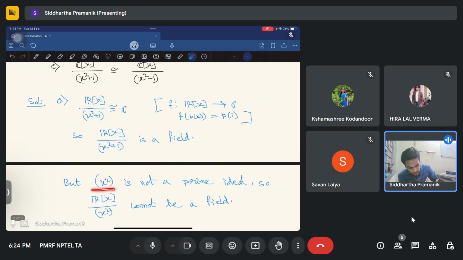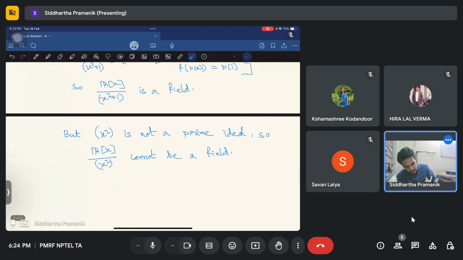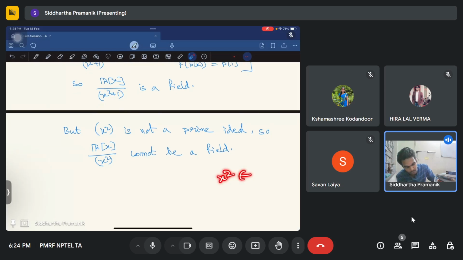So this is not a prime ideal. Can you see why? Because x squared belongs to the ideal x squared, so x times x belongs to it, but x does not belong to x squared.